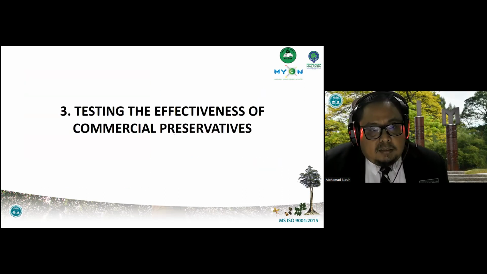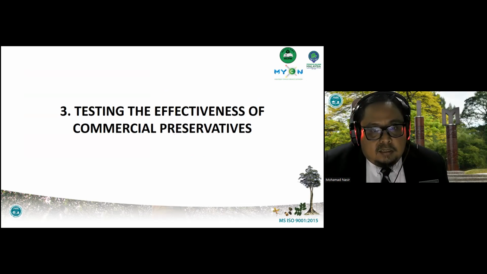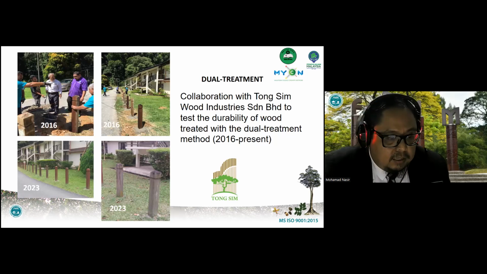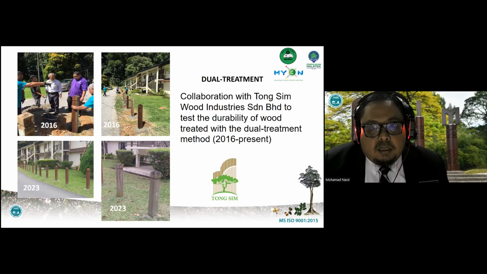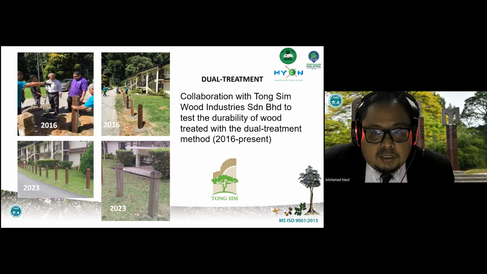Okay, the third one is the testing of the effectiveness of commercial preservatives. The first one is a collaboration, the dual treatment collaboration with Tongsing Wood Industries Berhad to test the durability of wood treated with the dual treatment method.